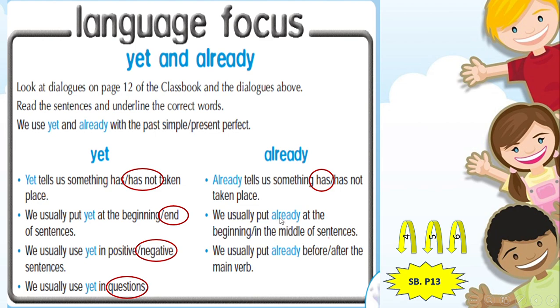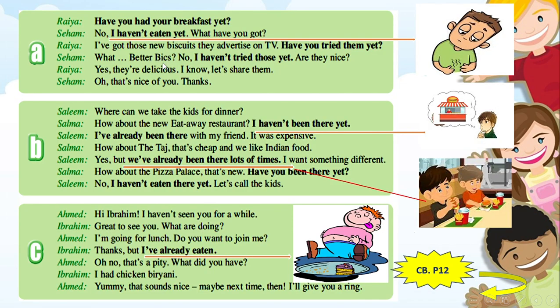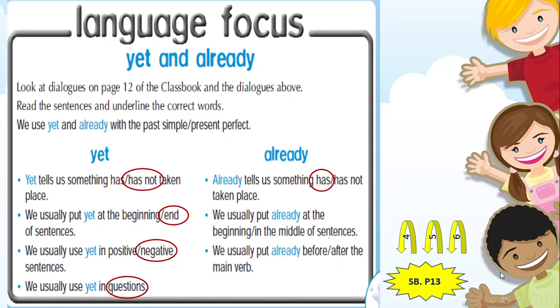We usually put already at the beginning or in the middle of the sentences, students. Where is the position of already? Let us go back to the dialogues and find out. We have already been there lots of times. Where is already, students? Where can you see it? Yeah, it is in the middle. Very good. I have already eaten there. Where is already here again? It is in the middle of the sentence.